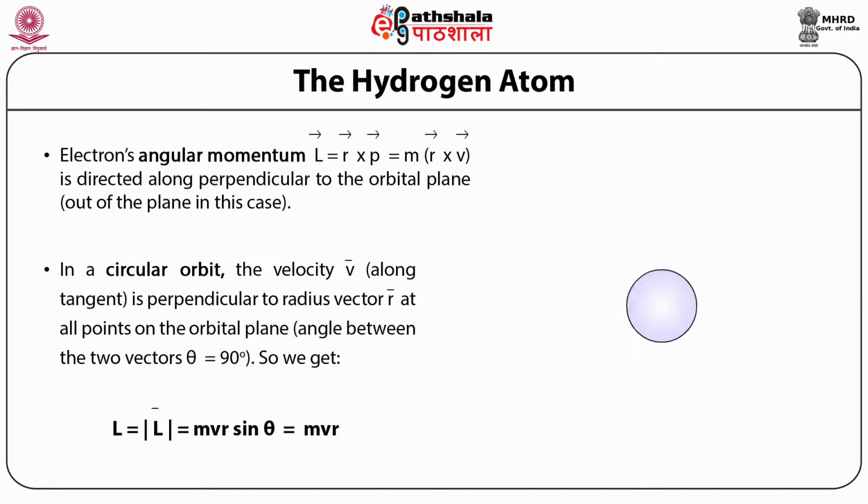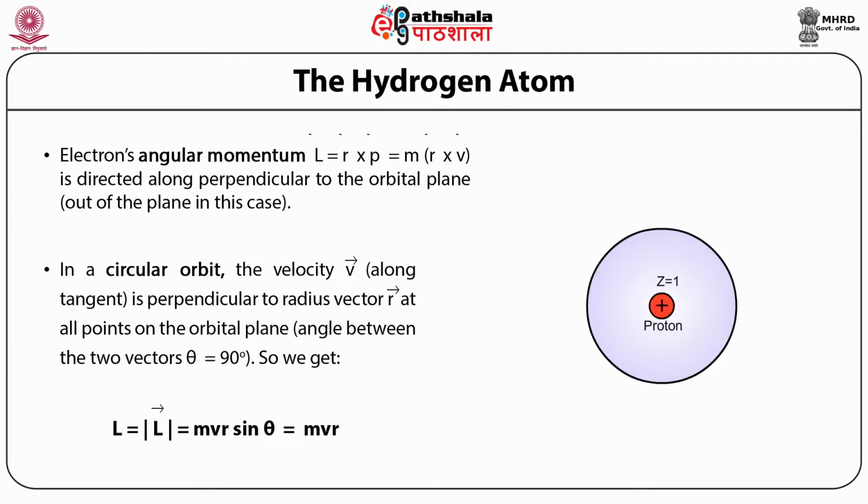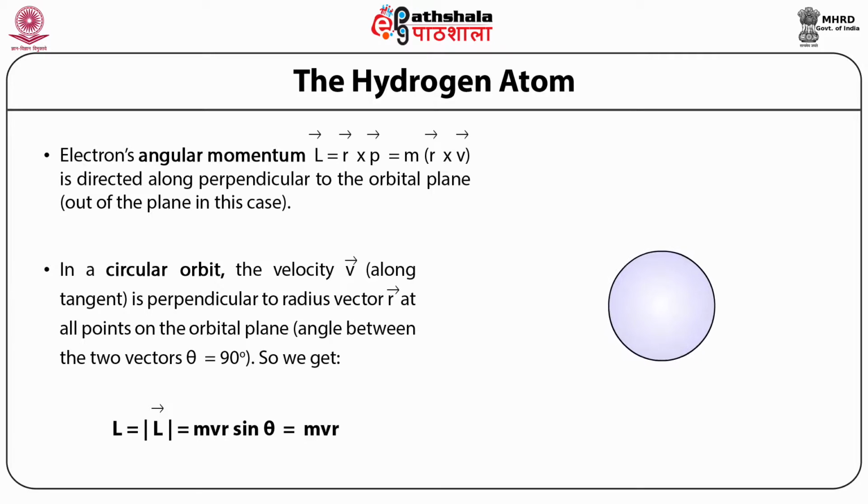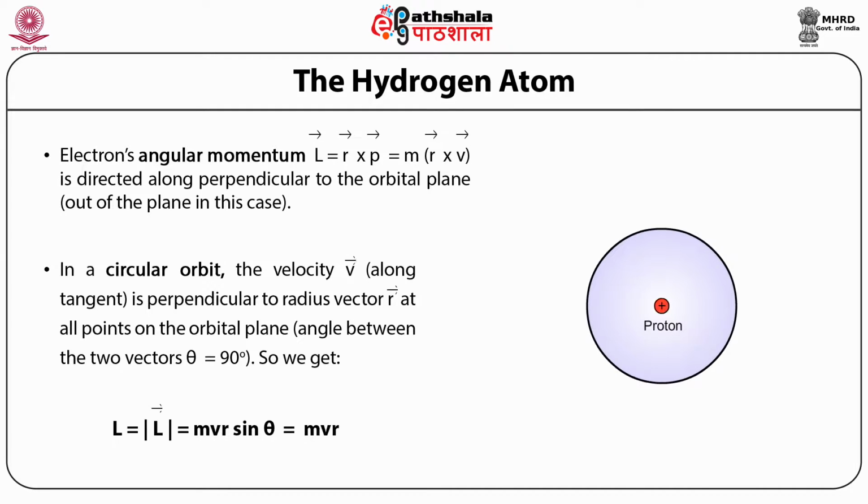That is, in a circular atom, the velocity of the electron at any point is always perpendicular to the radius vector. This is the characteristic of the motion of a particle in a circle, and therefore, as we have seen in the last line, it is mvr sin theta, the magnitude of the angular momentum.